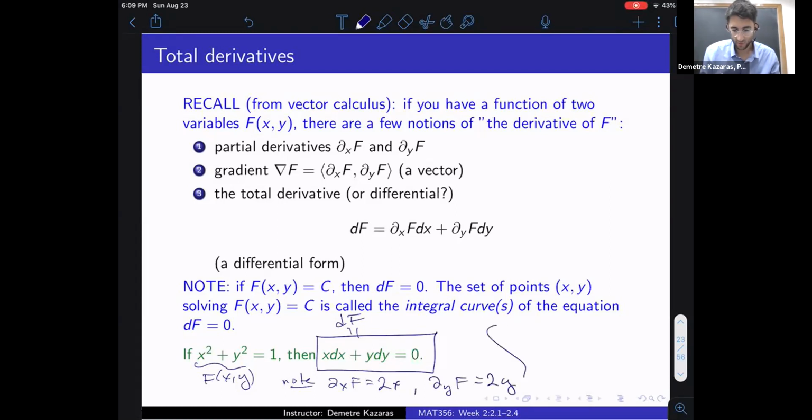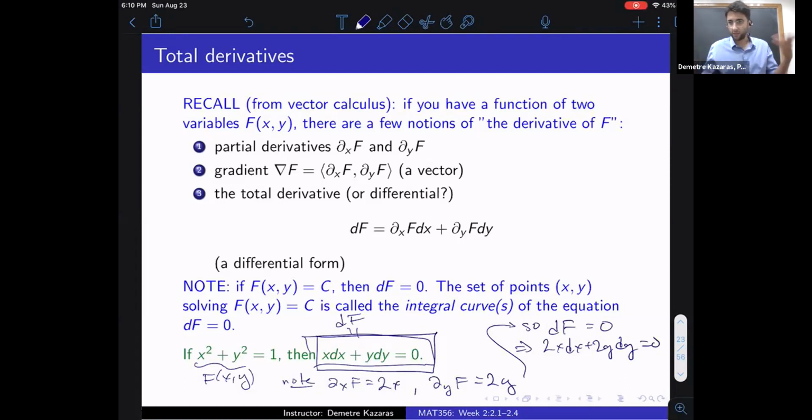And so df should be 0, because f is equal to 1, so the derivative of 1 is 0. So df is equal to 0. That can be written as 2x dx plus 2y dy is equal to 0. Divide both sides by 2, you obtain this differential equation. x dx plus y dy is equal to 0.